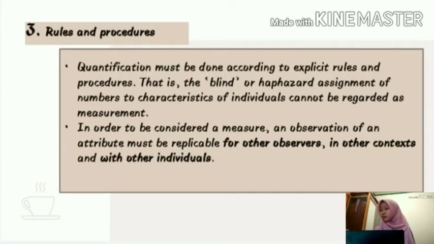For example, with fluency in speaking, every person may have different rules in measuring something, and there are many different types of measures in the social sciences, including rankings, rating scales, and tests.